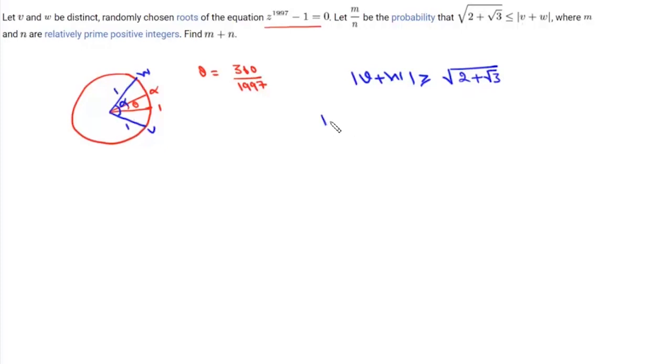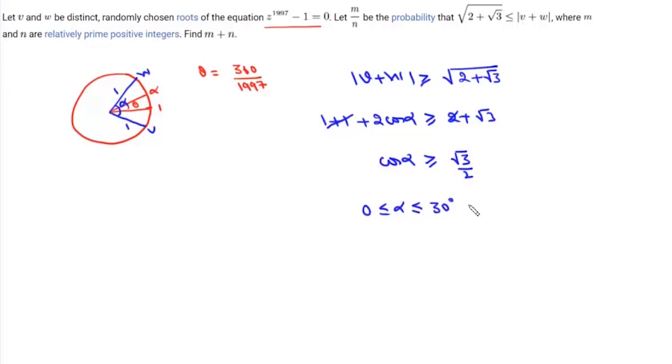So this is root of 1 plus 1 plus 2 cos alpha and will be greater than or equal to root of 2 plus root 3. Now 2 and 2 will cancel. So from here we'll get this condition that cos alpha is greater than or equal to root 3 by 2, or from here we can say the value of alpha should lie between 0 and 30 degrees.